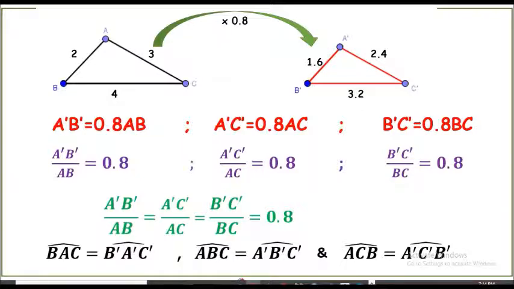So as you notice here, this K, which is 0.8, is between 0 and 1. Now, can you tell me, did the size of the triangle A'B'C' get bigger or smaller? Yes, of course, as you said, it got smaller. So here we say that A'B'C' is the reduction of the triangle ABC.